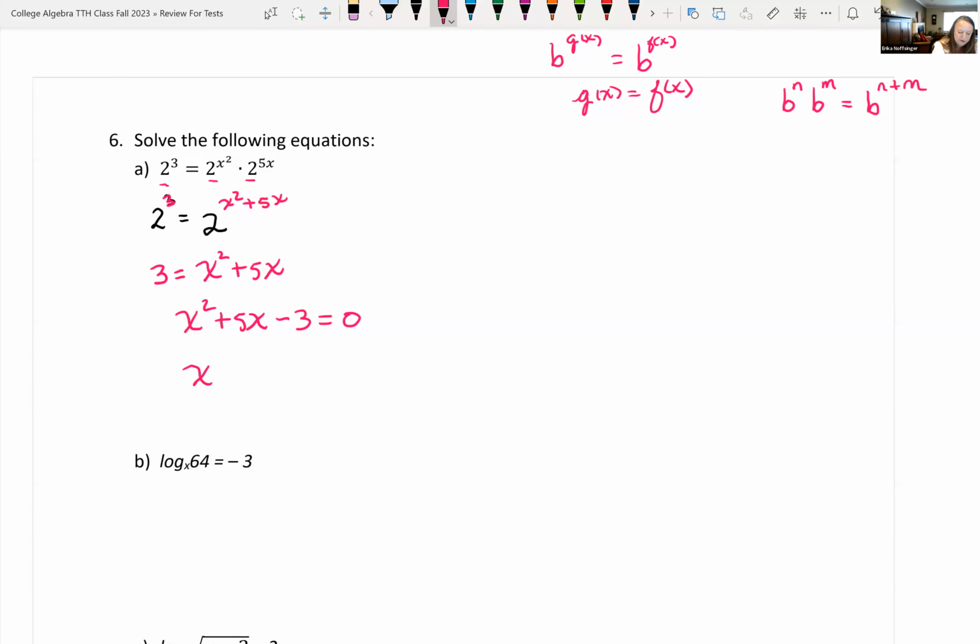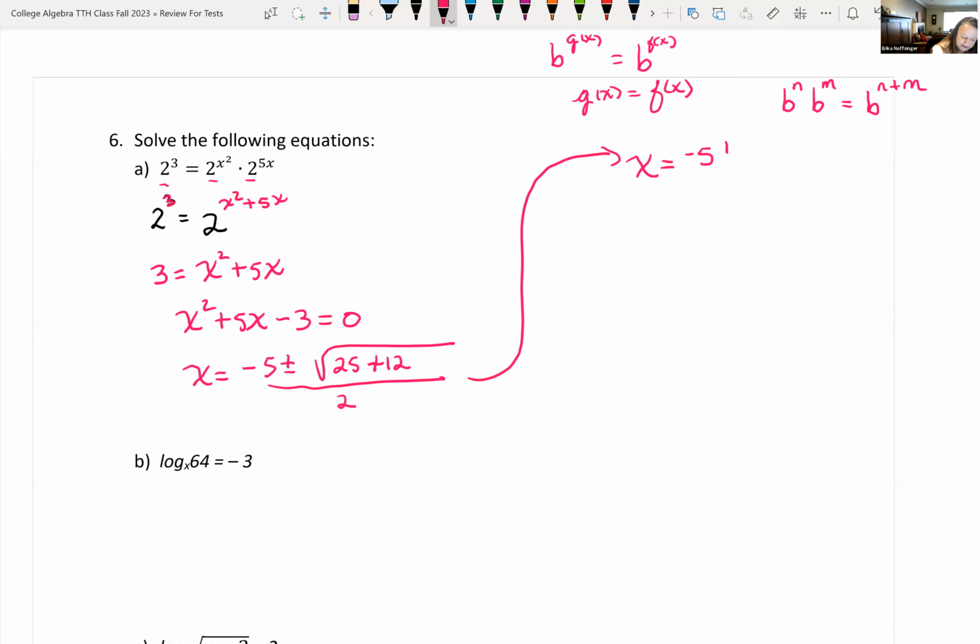So I know x is equal to negative b, so negative 5, plus or minus the square root of b squared, 5 squared is 25, minus 4 times a, so 4 times 1 is 4, times c, so negative 4 times, because it's minus 4ac, so negative 4 times negative 3, this would give me plus 12, all over 2 times a, 2 times 1 is 2. So we get here x is equal to negative 5 plus or minus the square root of 37 all over 2.